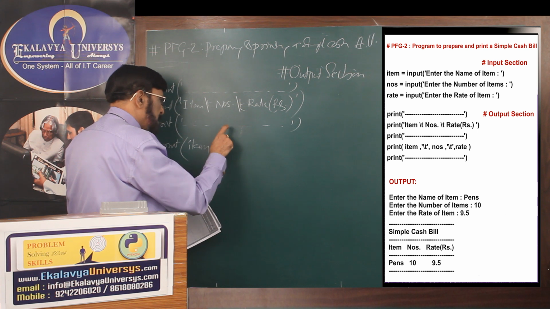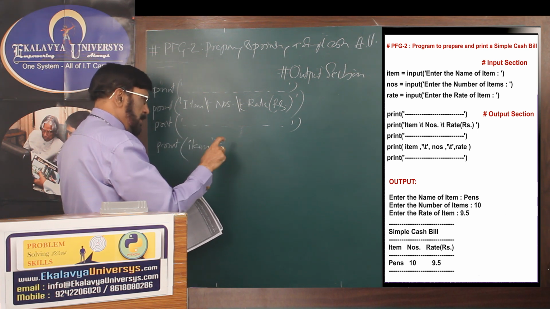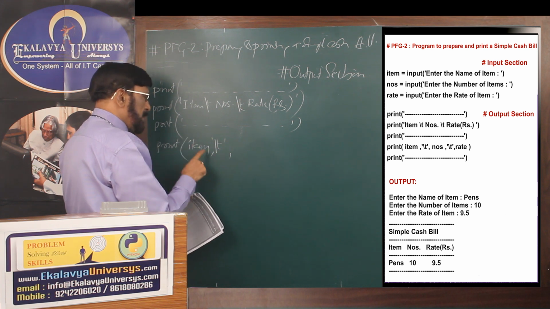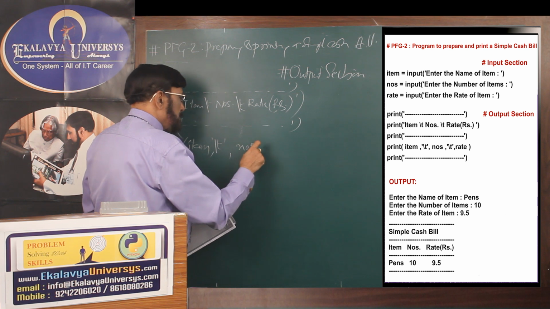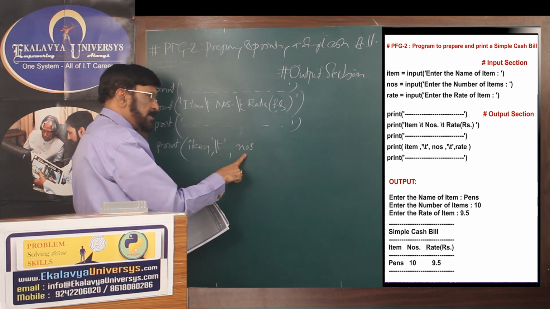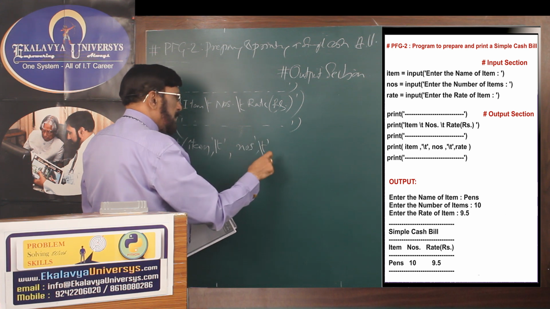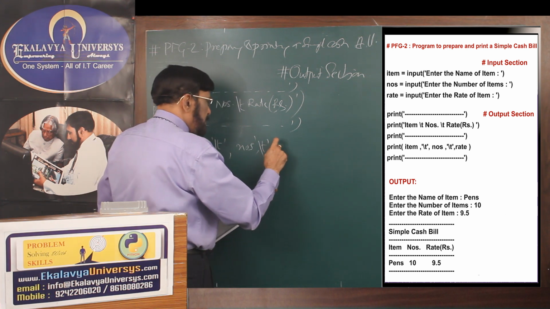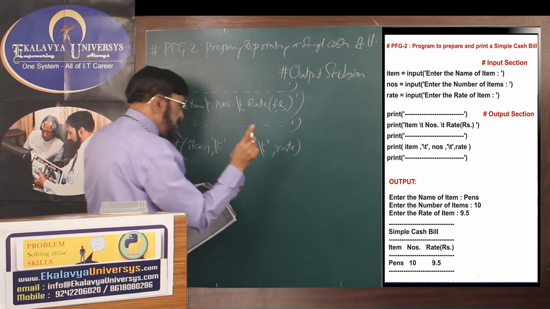Now, horizontal tab is required. Here horizontal tab you have to write. Thereafter, again comma. Thereafter, what comes? Numbers. You should not write it as a string. Thereafter, comma. Then horizontal tab, and a comma. Thereafter, comma, rate.